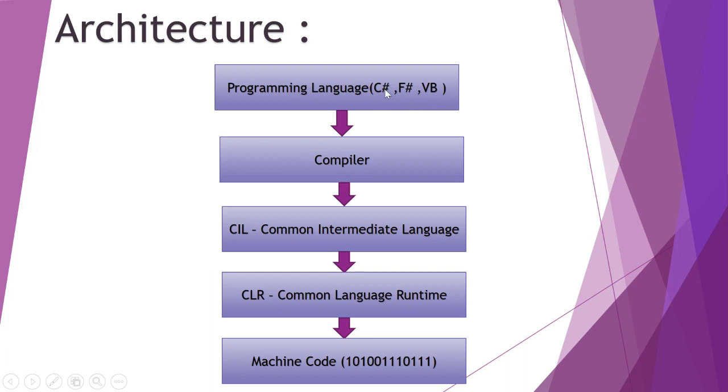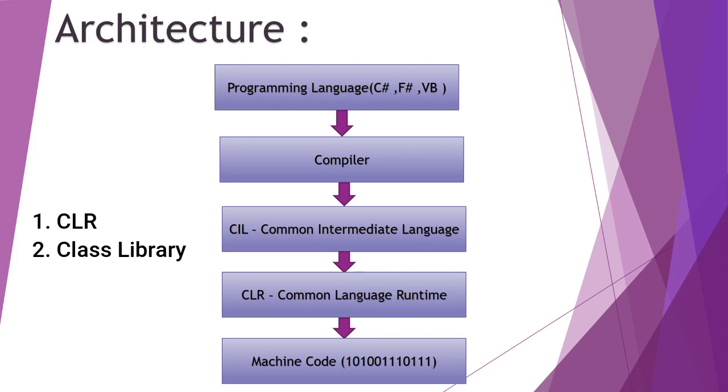So these are the programming languages, okay? And this is the compiler, then this is CIL, Common Intermediate Language, then CLR, Common Language Runtime, then machine code, okay? So here two major components are there.